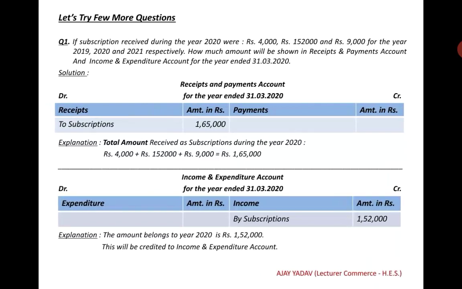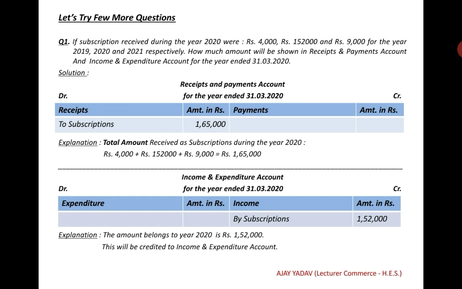Let's try a few more questions. Here, if subscription received during the year 2020 were rupees 4,000, 1,52,000 and rupees 9,000 for the years 2019-20 and 2021 respectively, how much amount will be shown in the receipt and payment account and the income and expenditure account for the year ended 31st March 2020? The total amount received as subscription during the year 2020 is rupees 1,65,000.